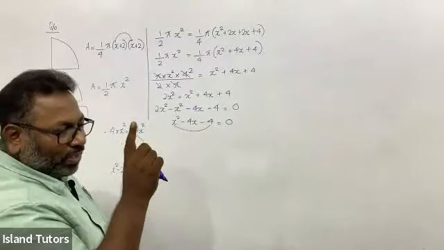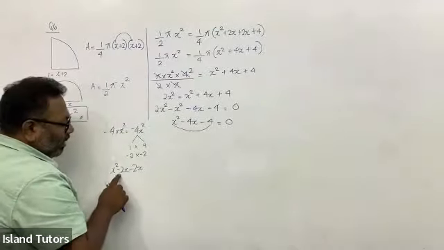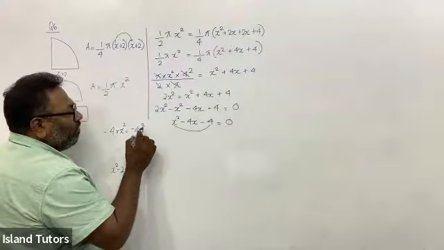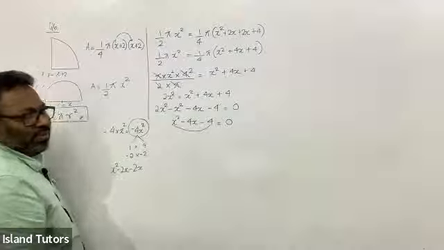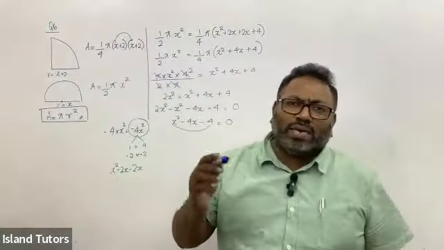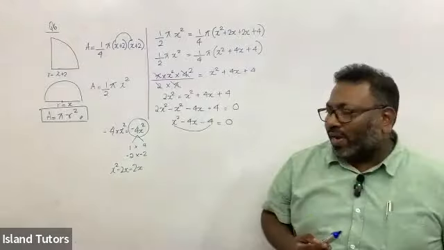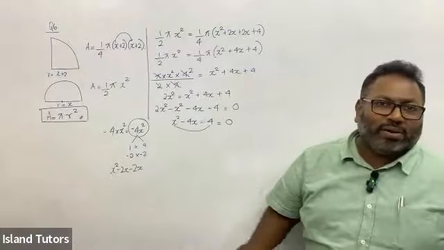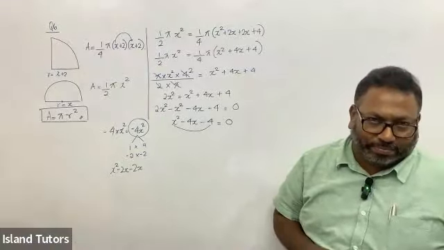No problem. But the problem is minus 2x multiplied by minus 2x should give you this. So when you multiply minus 2x and minus 2x, you're going to get plus 4x squared, whereas we need minus 4x squared. So that is wrong. You can't do that.